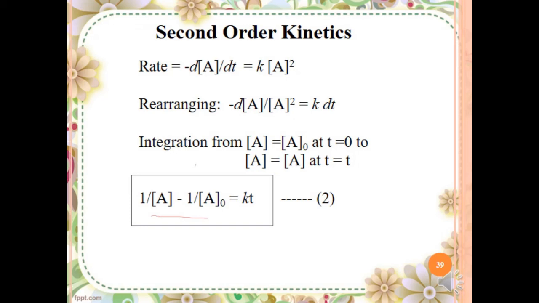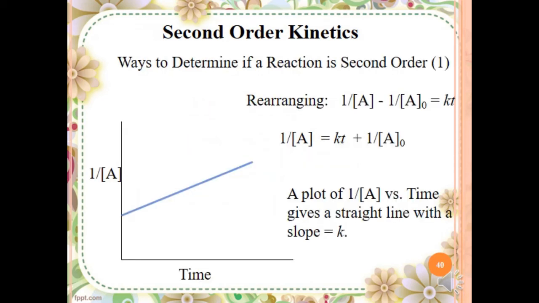If first order we had ln just now, for second order it is 1 over A minus 1 over A naught equals kt. That is second order. Now when we plot for second order kinetics, we also get a straight line, but now the slope becomes a positive slope. The axis is 1 over reactant A concentration versus time.